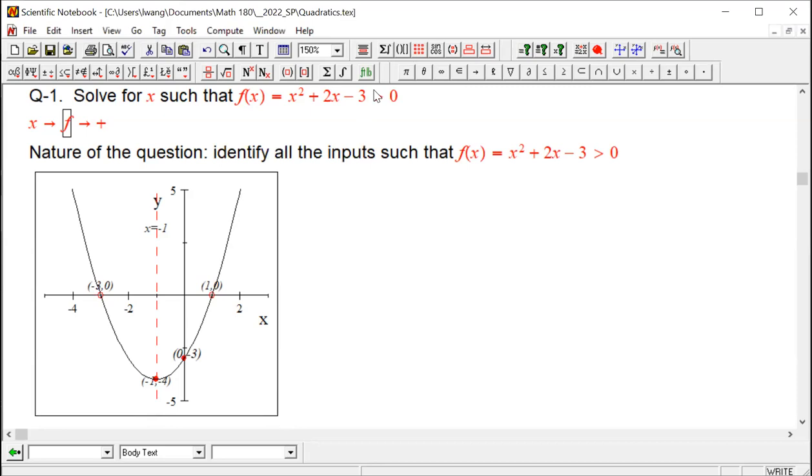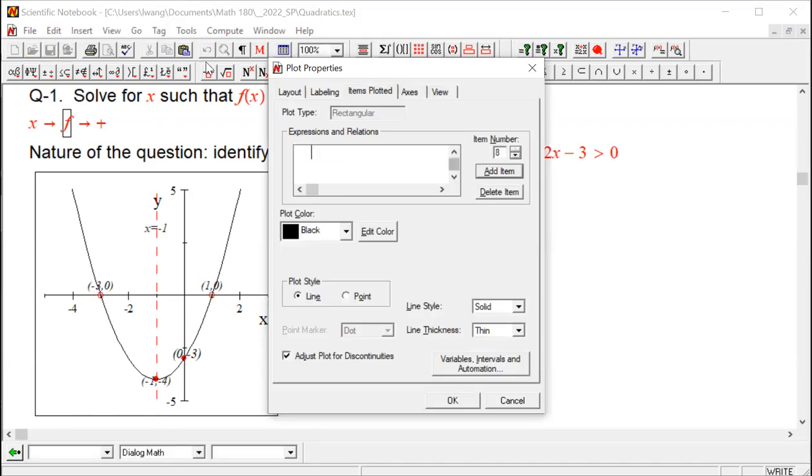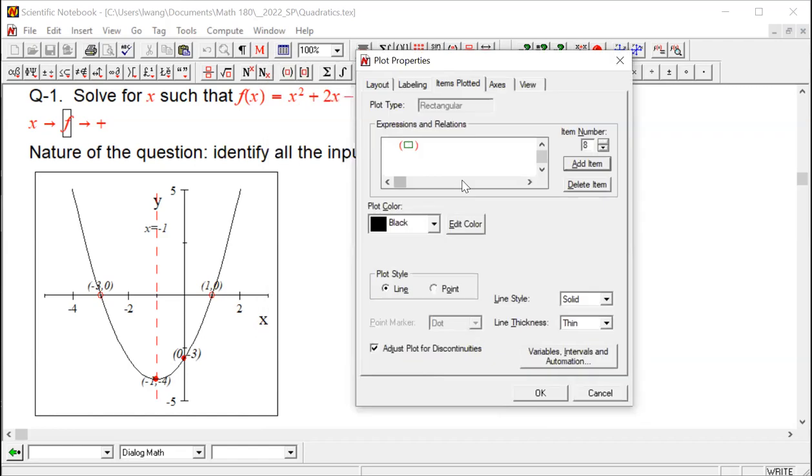Let me graph it and show it to you. All those reds, and all those reds.